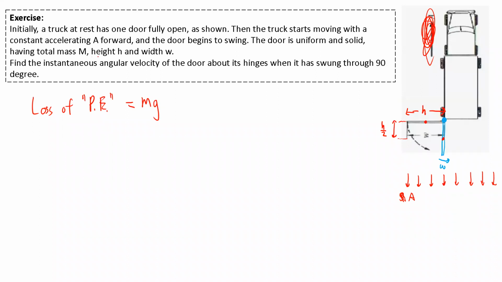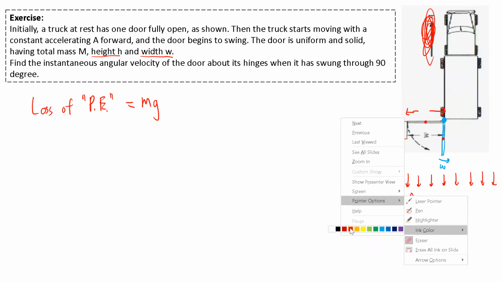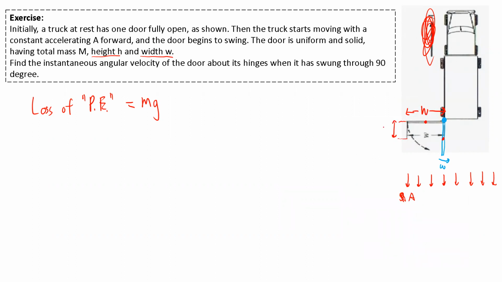Actually, the parameters are defined all here, but that doesn't matter really. Here, let me call this W. So W divided by 2. The loss of PE is mg times W divided by 2.